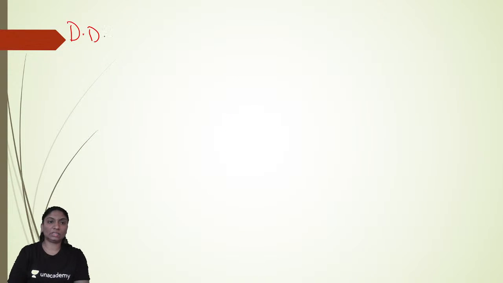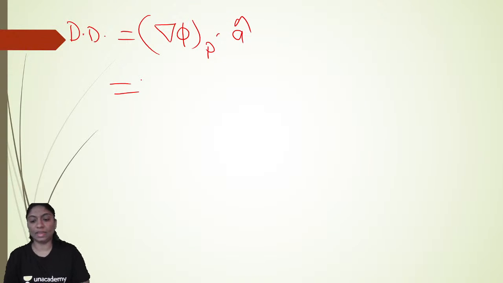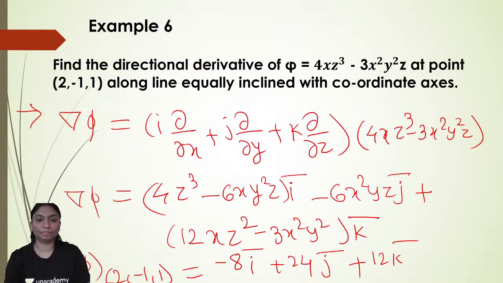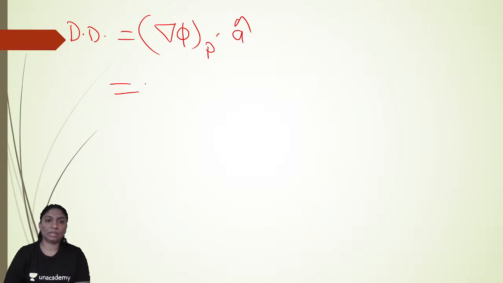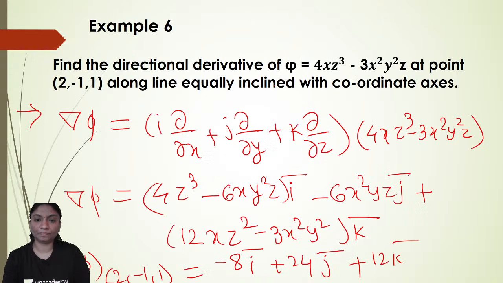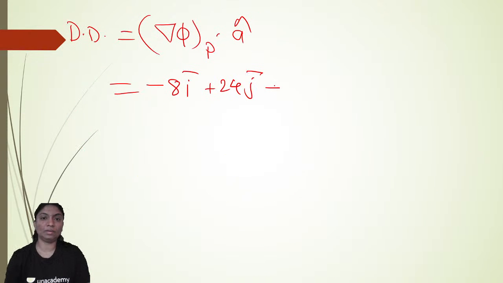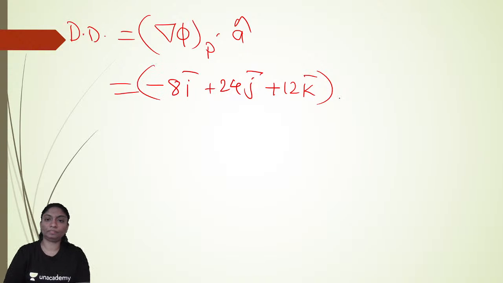Now we can calculate the directional derivative. Directional derivative is equal to del phi at the point dot a cap. So your del phi is minus 8 i bar plus 24 j bar plus 12 k bar, dot a cap. What is our a cap?